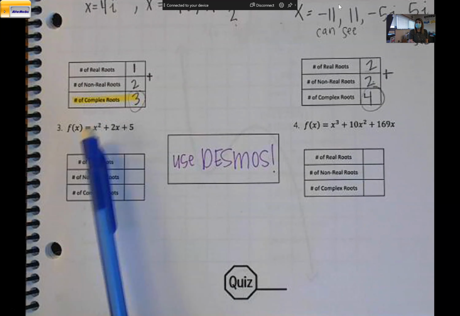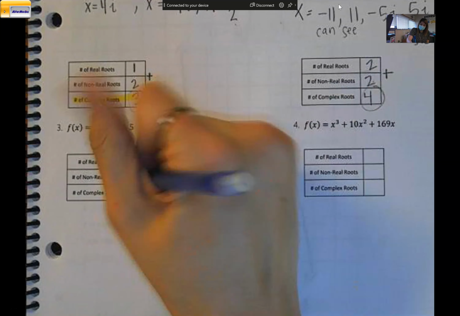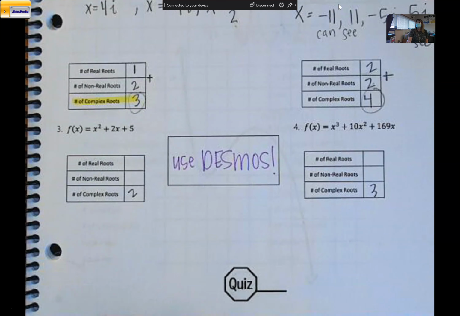So on number 3, how many roots are you looking for? 2. And on number 4, you're looking for 3. So plug those into Desmos, plug in number 3 first, and then plug in number 4. Go. Really try it. All you have to do is plug stuff into Desmos.